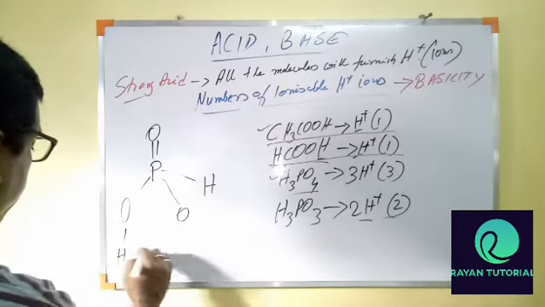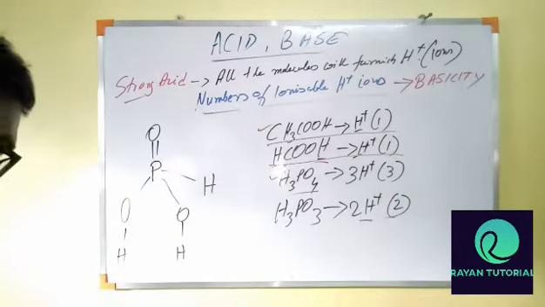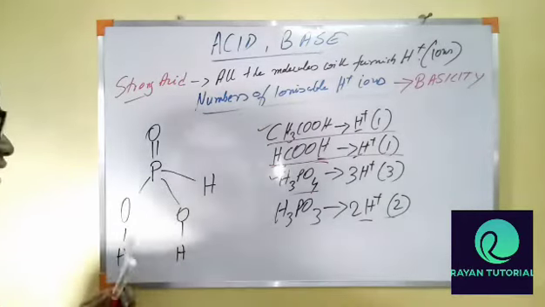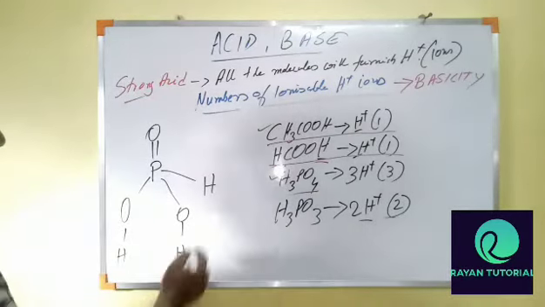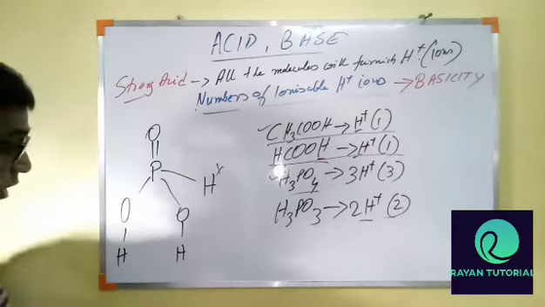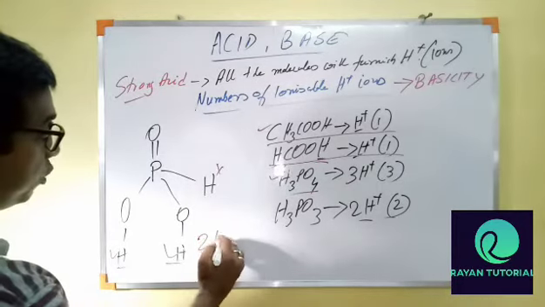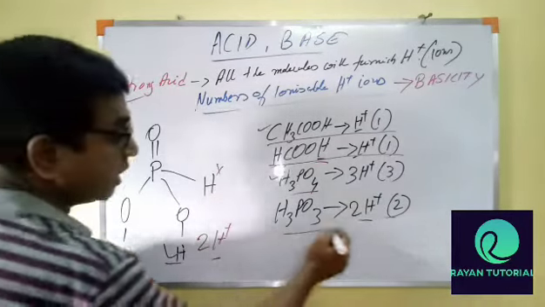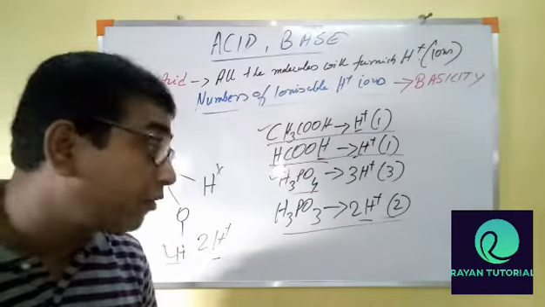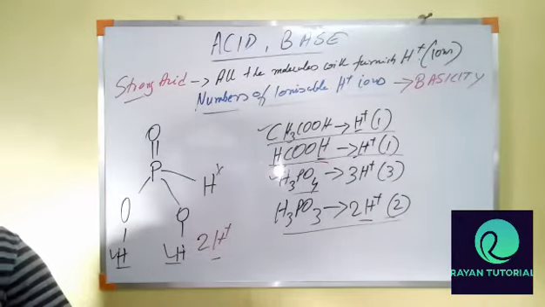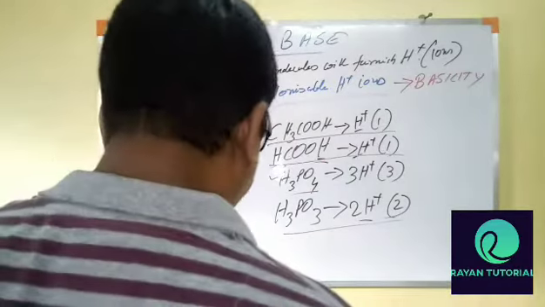This is the structure of phosphorus acid, H3PO3. Now here also you see this hydrogen is not linked up with oxygen. Only this one and this one is linked up. So it will be giving 2 hydrogen ions. So this is the basicity 2. Clear? Understood or not, everybody? Note it down. First chapter. Okay. Clear? Can I repeat?